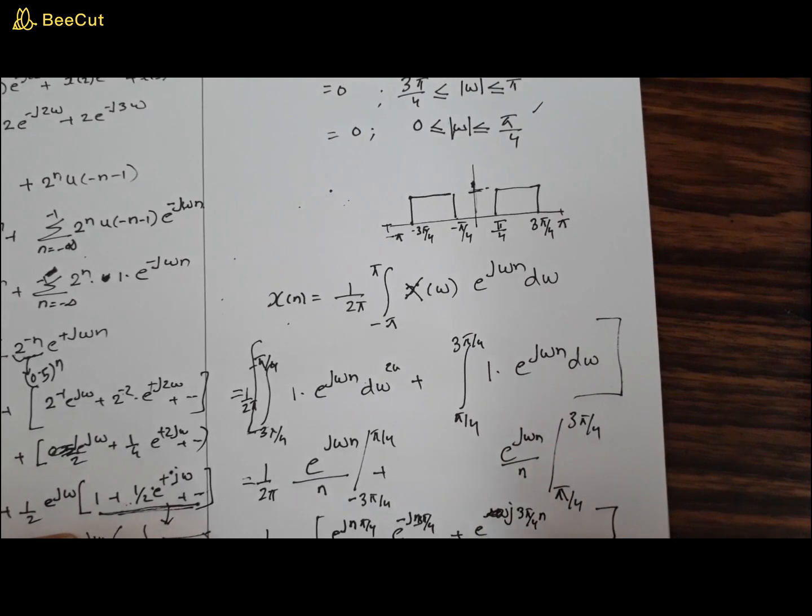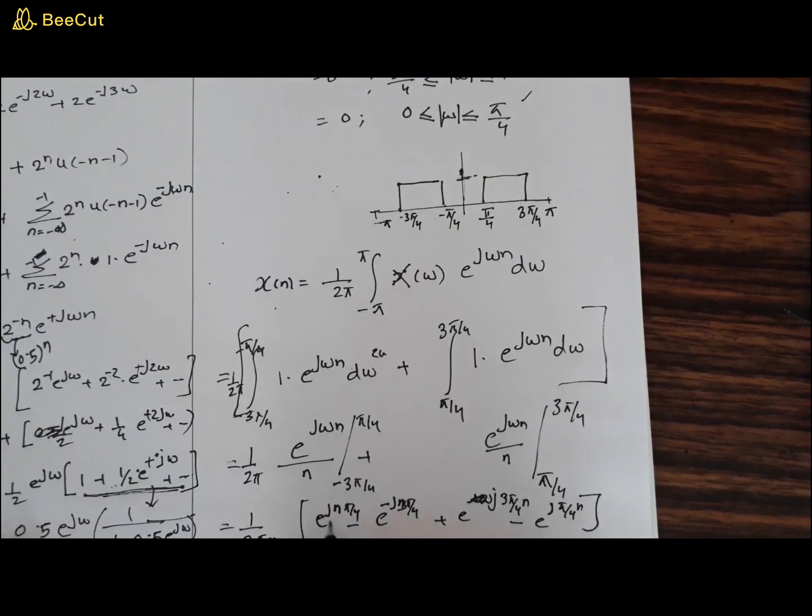So we are substituting for omega, minus e raised to j pi by 4 n. Okay, now you can combine these together, right?